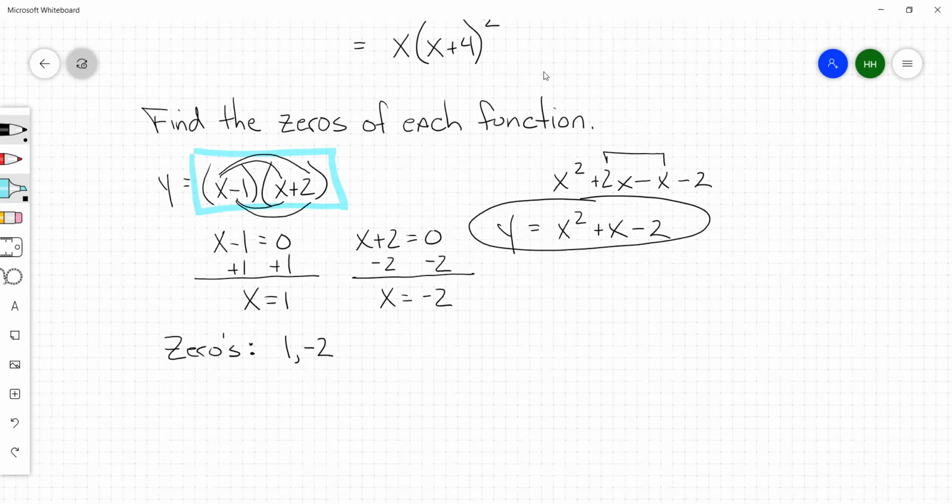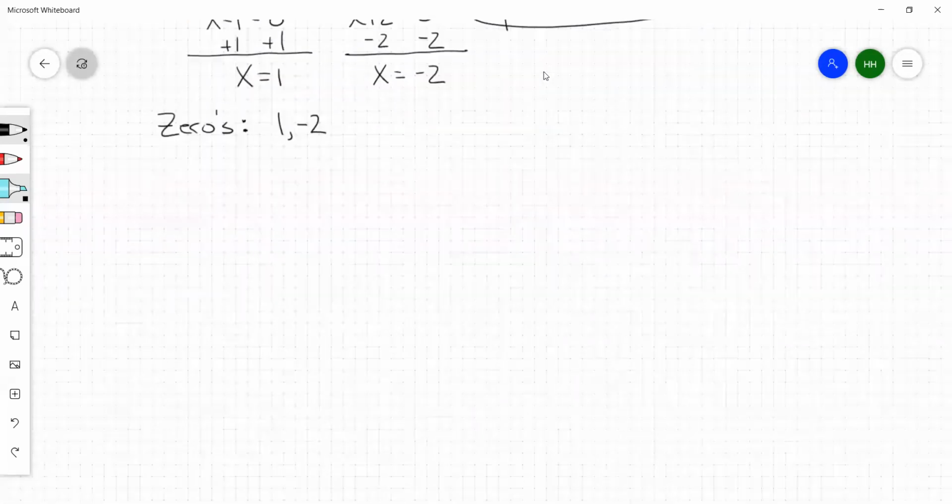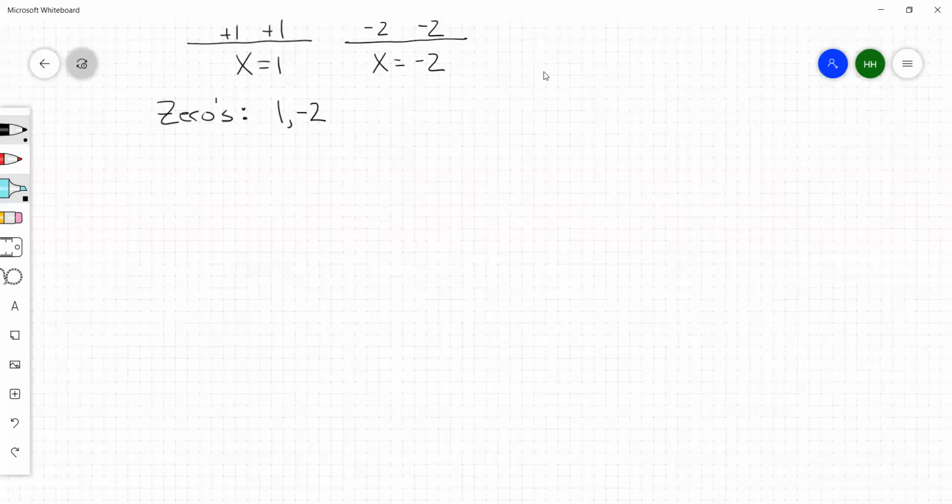So let's find the zeros of one more function. Let's do the zeros of y equals x plus 1 times x minus 1 times x minus 2.